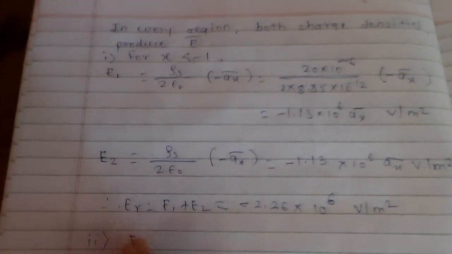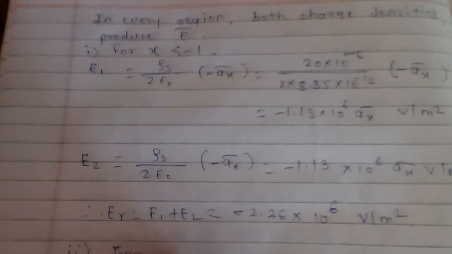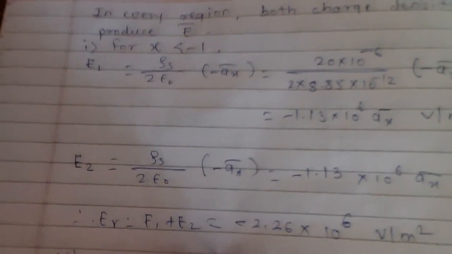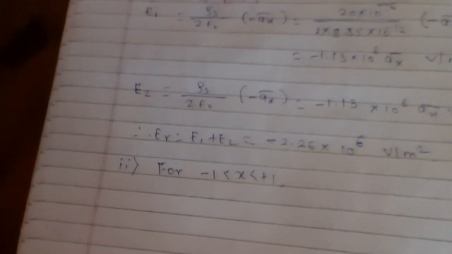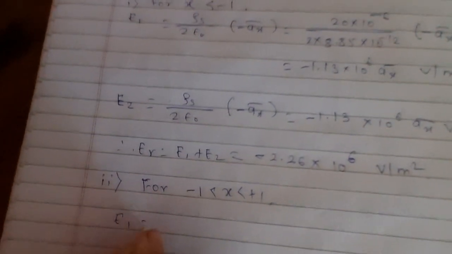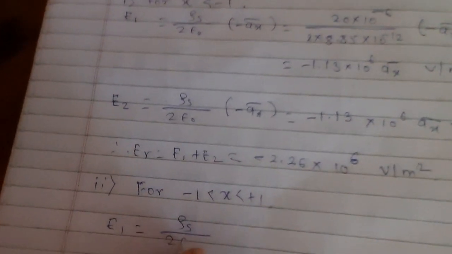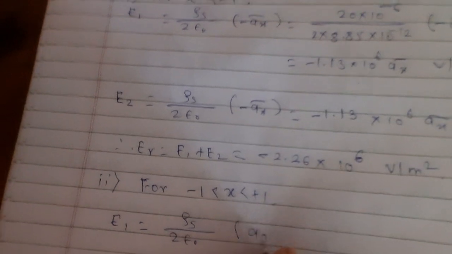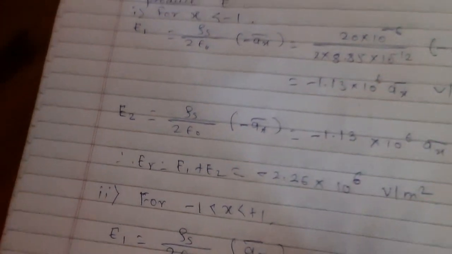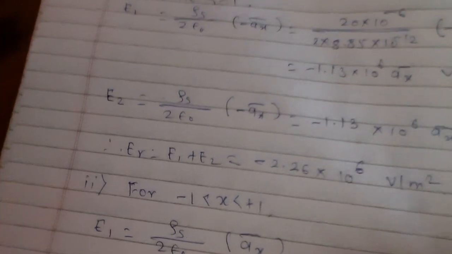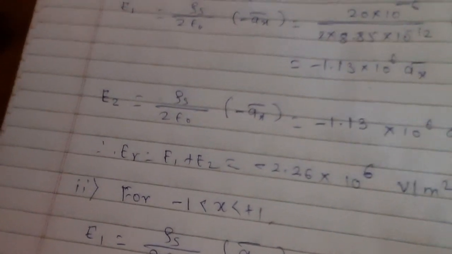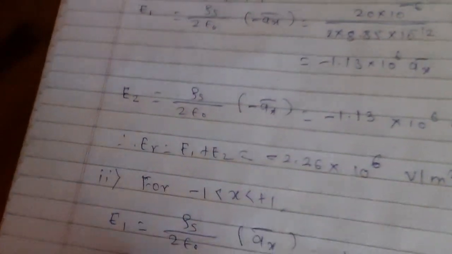Now the second condition. So what is the second condition? For x in between minus 1 and 1. So for that E1 is equal to rho s over 2 epsilon 0 ax bar. So it is plus 1.13 into 10 raised to 6 ax bar volt per meter square.